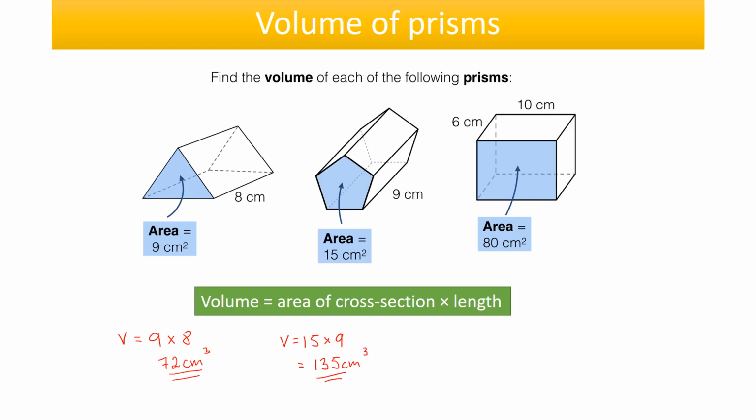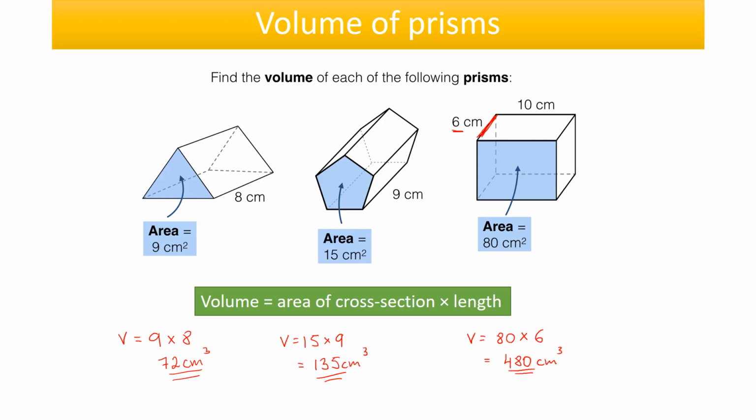And in the last case, we've got a cuboid. The area of the cross-section is 80 and then the length is 6. It's not 10 because this is the length of the shape, so we multiply it by 6 and the answer is 480 centimeters cubed.